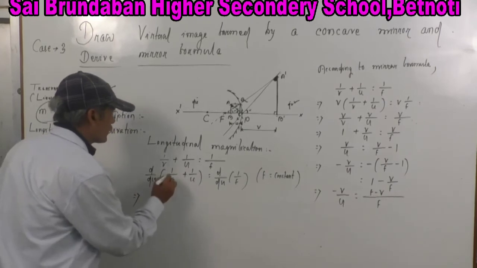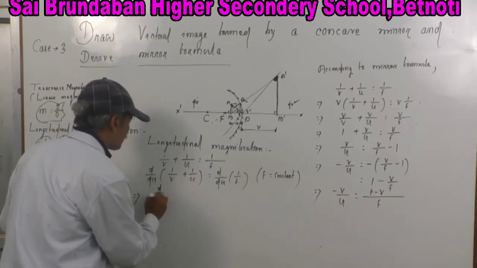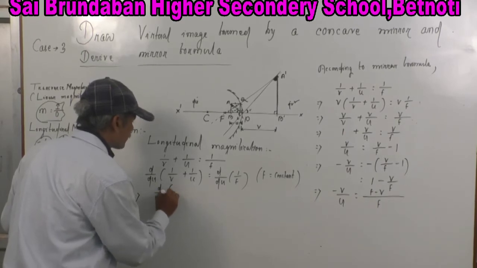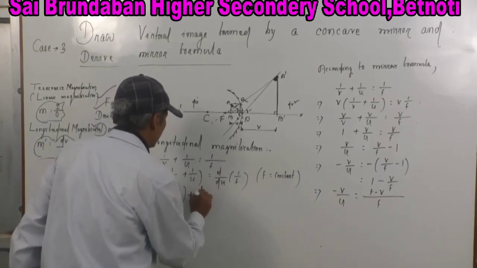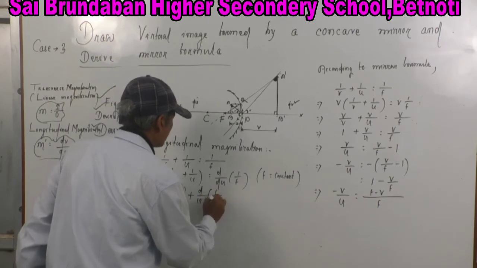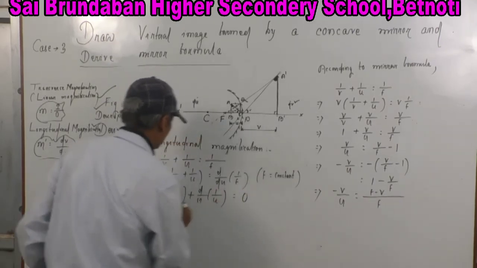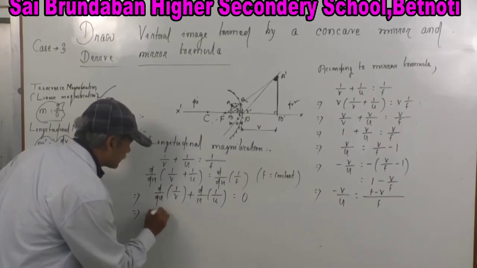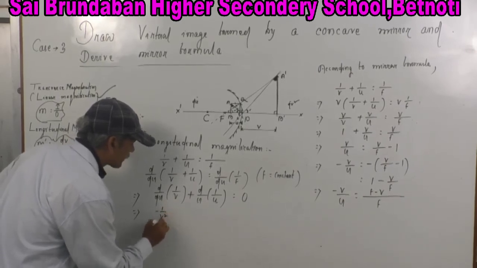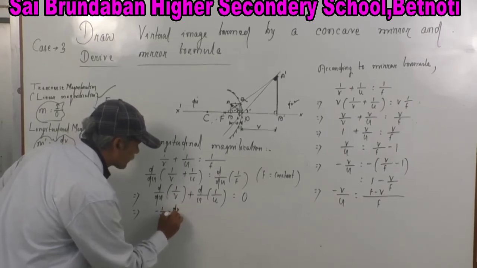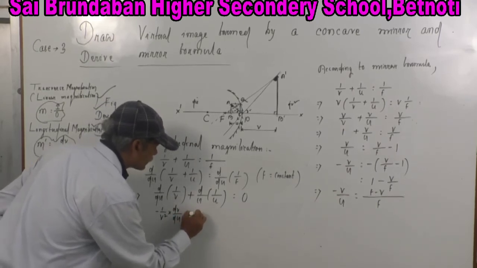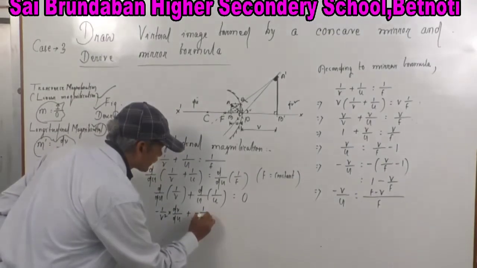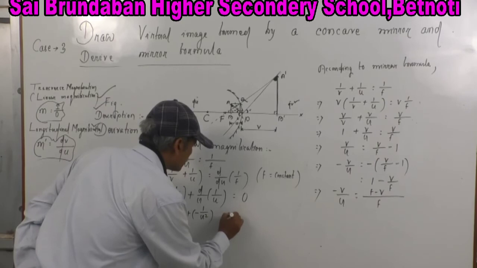So this is d by du whole into 1 by v plus d by du whole into 1 by u is equal to 0, implies minus 1 by v square into dv by du plus minus 1 by u square is equal to 0.